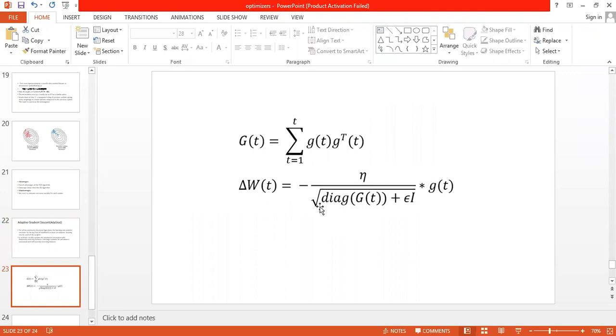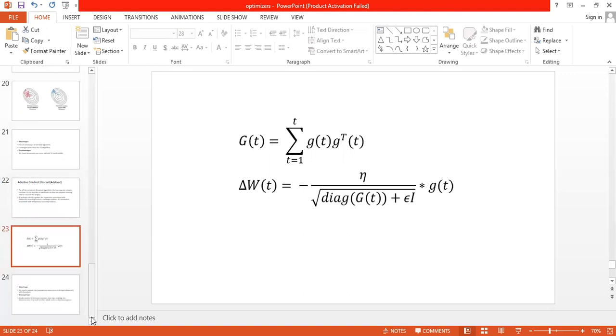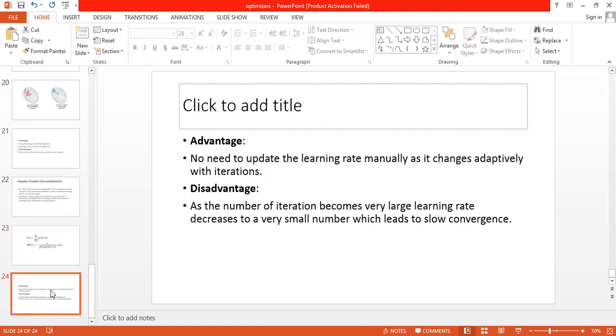But the problem is that in this derivative, in the denominator we have a square root of positive values, and when calculating the learning rates, because of the square root it gets smaller with time, and therefore it can lead to the vanishing gradient problem. So this is the problem with adaptive gradient descent.